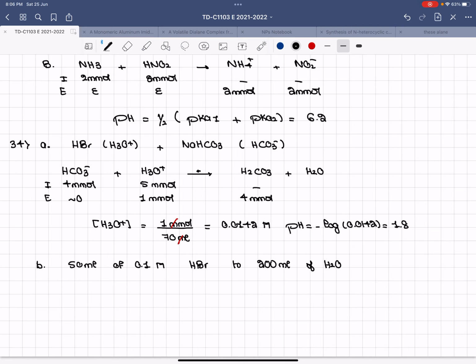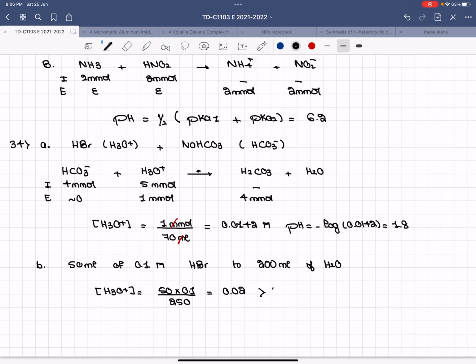Just find the new concentration of HBr, and it's equal to 50 times 0.1 divided by the total volume, which is 250. Remember, milliliter for milliliter next to 250. And this is basically 0.02.